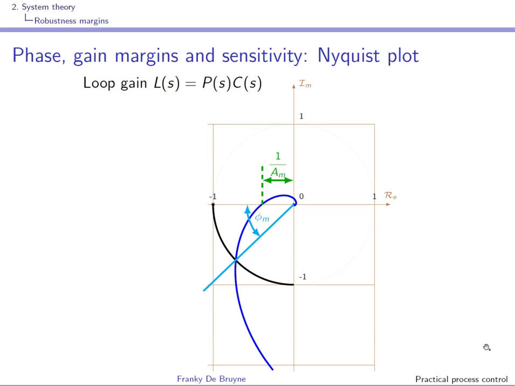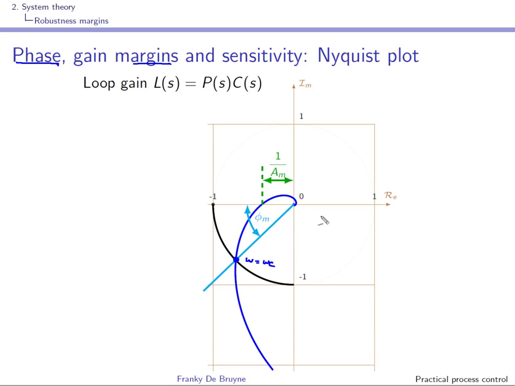We can start with the phase margin. For that we need to look at a point which corresponds to the crossover frequency. That's a point where the magnitude of the loop gain is 1, and this is clearly where the Nyquist plot meets the unit circle. So this point here corresponds to omega equal to omega c, and clearly the magnitude of the loop gain is 1.